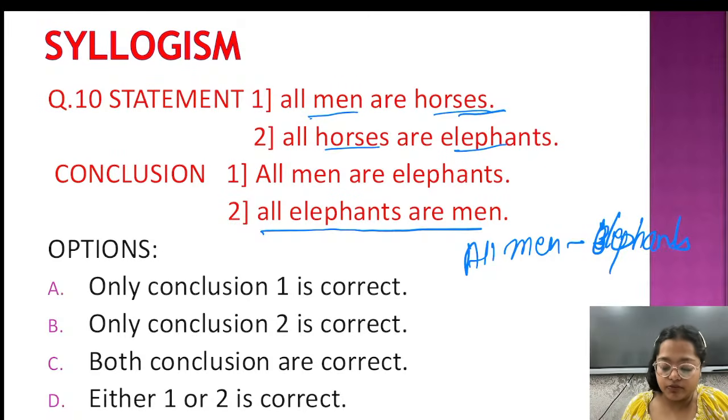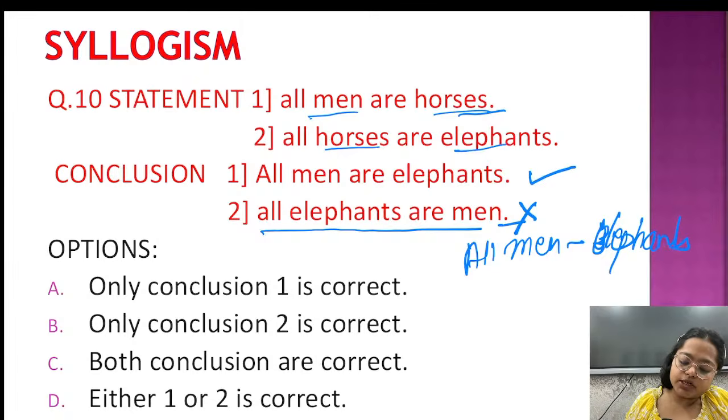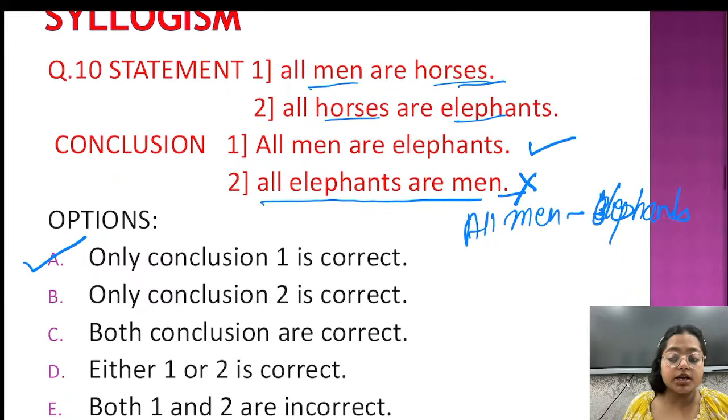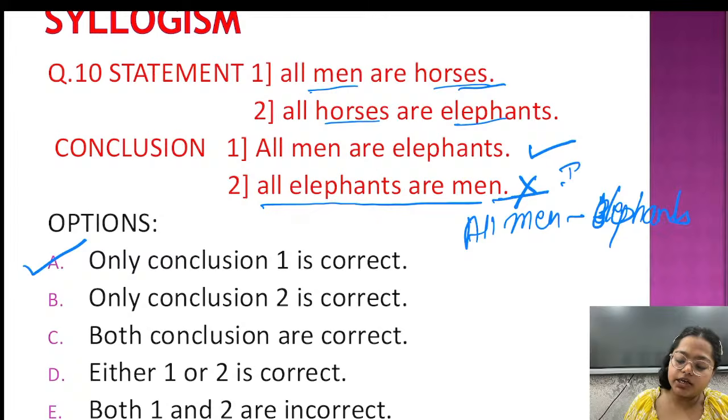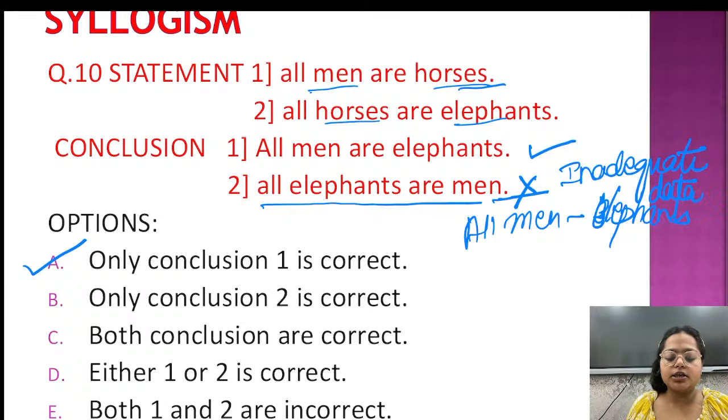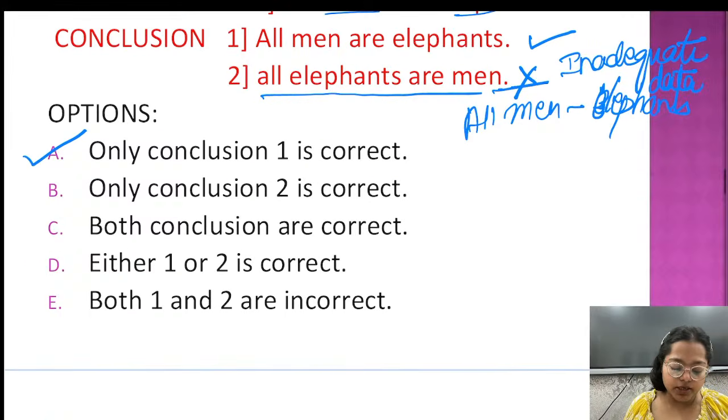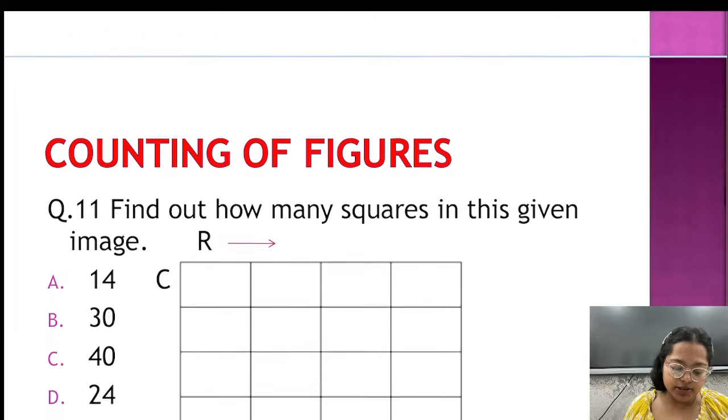So we can't comment on this statement. So only conclusion 1 is followed. Option A would be the correct answer, because in the second conclusion we have inadequate data. In view of inadequate data, we can't conclude that all elephants are men. So option A would be the correct answer.